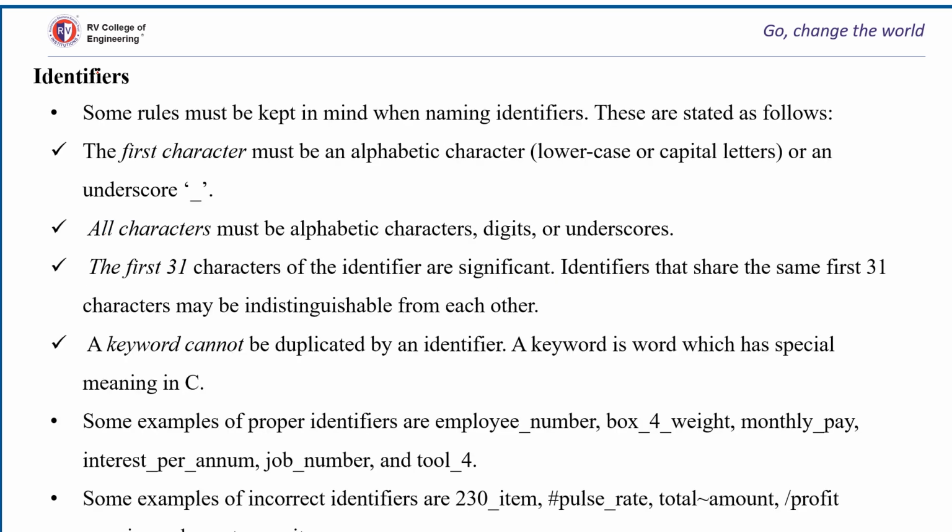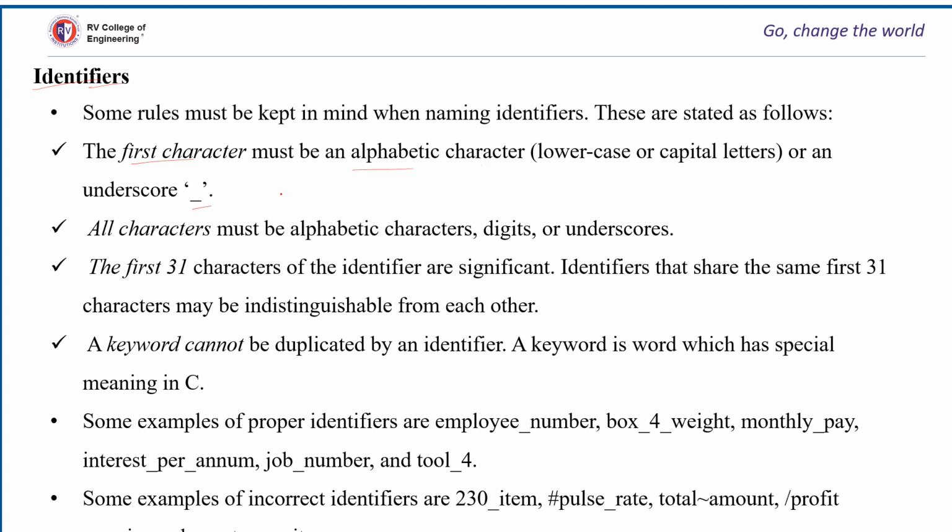Whenever we name a particular item in our C language, we are supposed to follow some rules. There are 4 rules. The first one is that the first character of an identifier must be an alphabetic character, either lowercase or uppercase, or it can be an underscore.